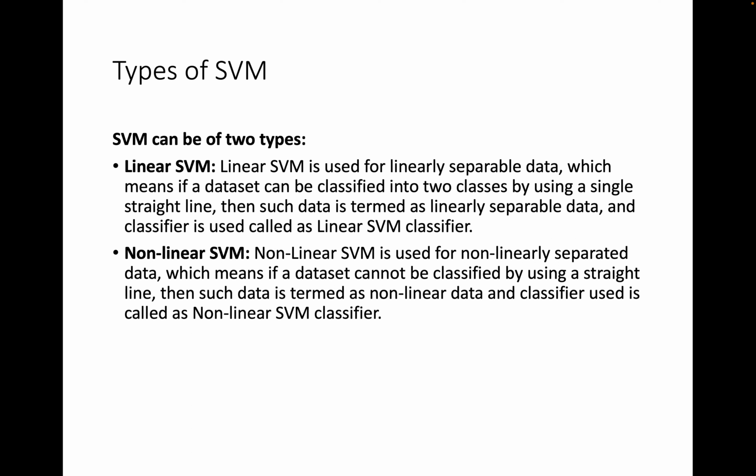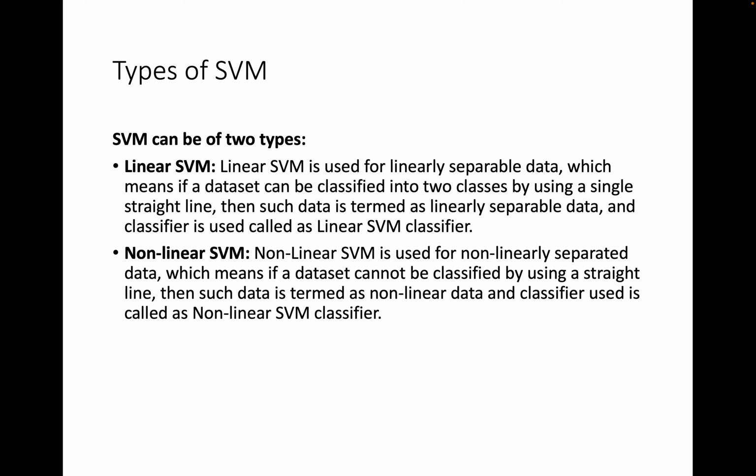Linearly separable data means that if the data set can be classified into two classes by using a single straight line, then such data is termed linearly separable, and the classifier used is called linear SVM. If your data's two classes are separated by one line, we use a linear SVM classifier. Now coming to non-linear SVM, which is used for non-linearly separated data.